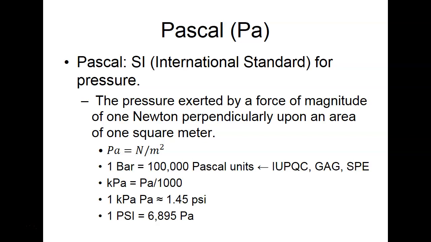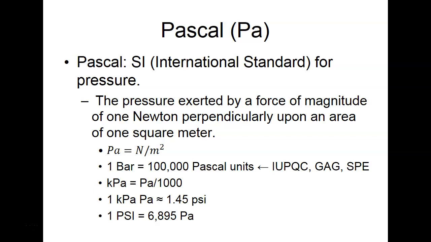Pascals. This is the international standard, or what we call the SI standard for pressure. So basically, we and maybe 2 other countries are still using PSI. So most of the companies you go to work with, especially international companies, are probably going to use pascals. And since pascal is such a small unit, usually they'll use a bar.